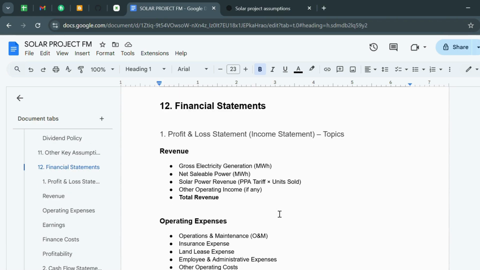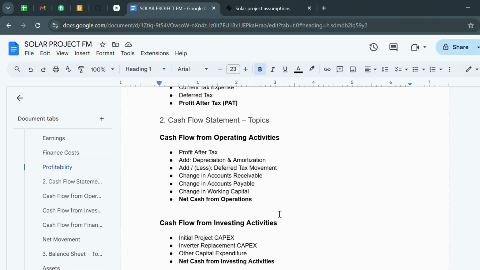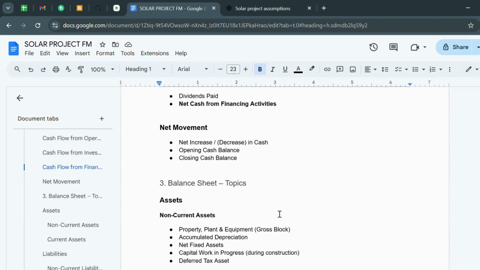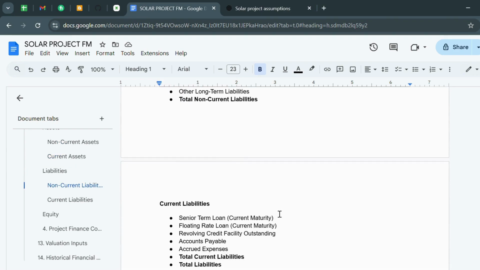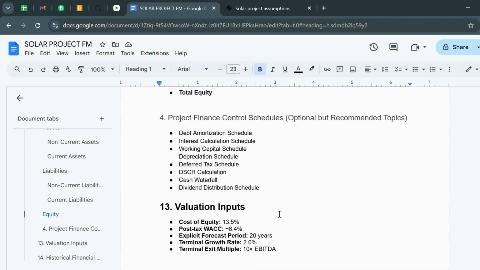Next, financials. I've kept the financial statements at the end. When we have done everything, we should understand our revenues, operating expense, earnings, financial costs. Cash flows are coming: cash flow from operating, investing and financing activities, balance sheet, assets, liabilities, current liabilities, equity, and project financing schedules like the debt amortization schedule.